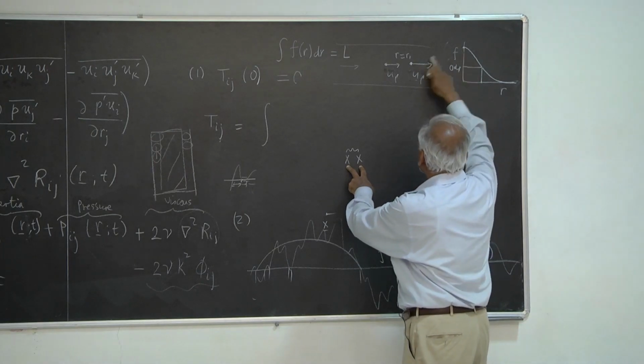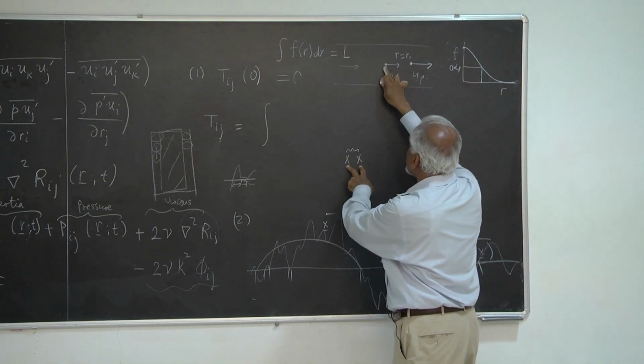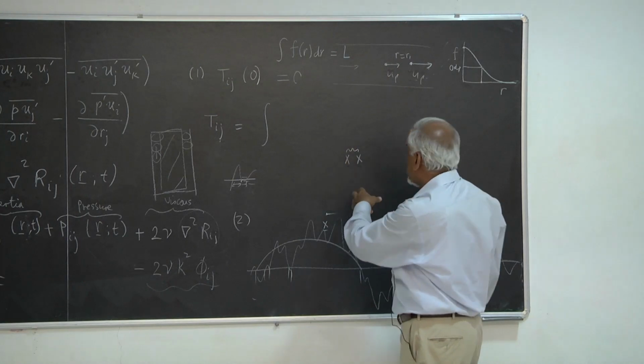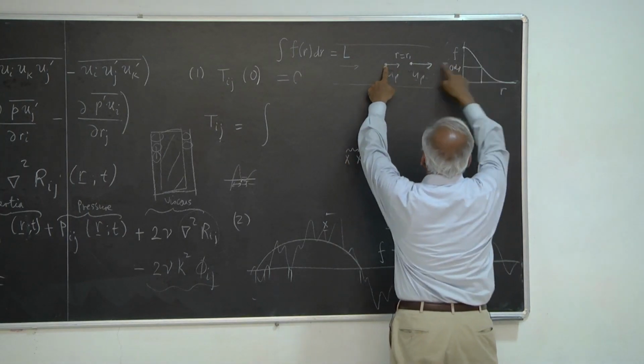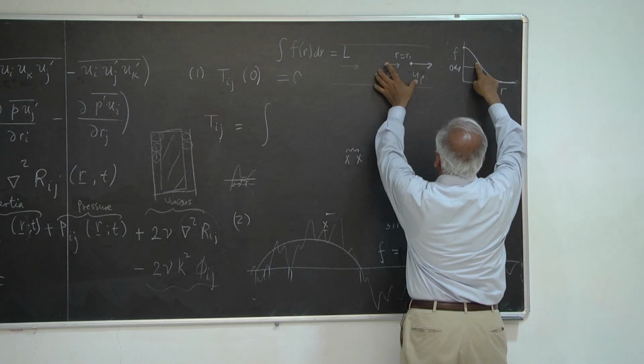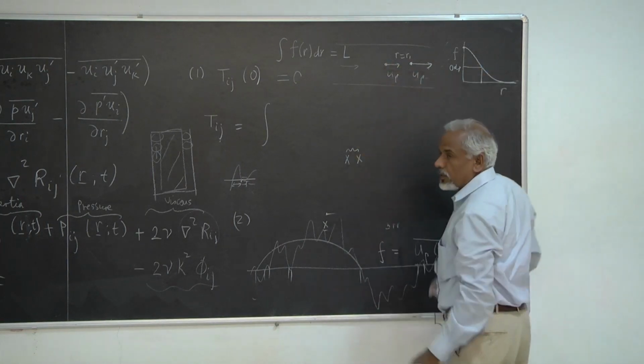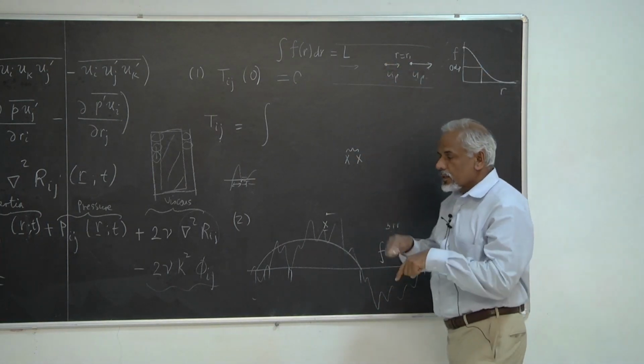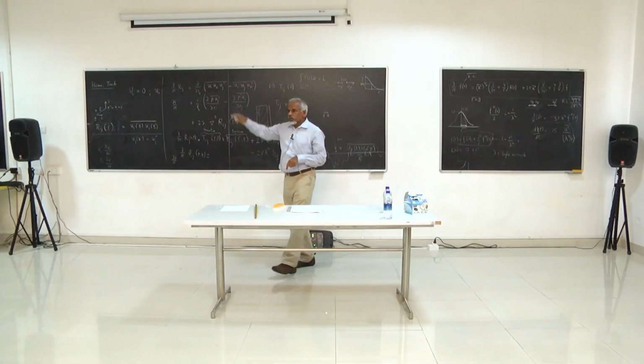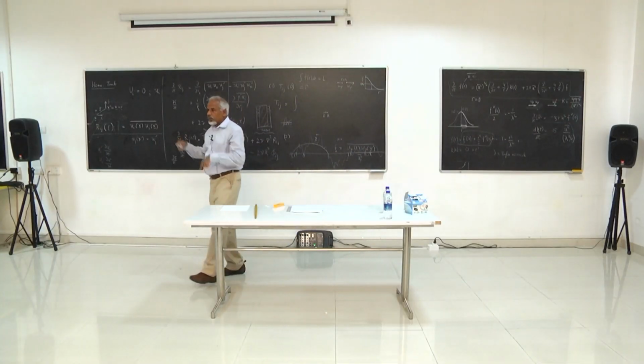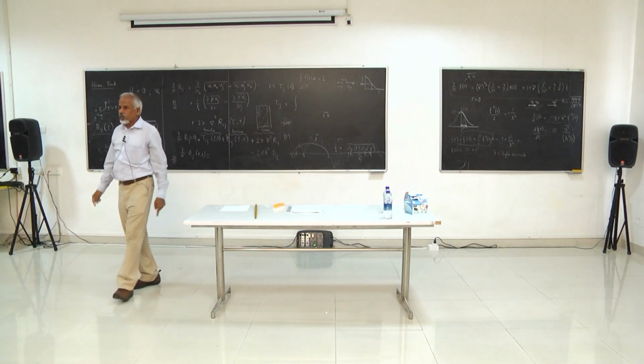It is 1 when r is 0 because the two of them are the same, therefore most correlated. And if you take it further and further away, the correlation will die down because things happening here are not related to what's happening in Bangalore, I mean very far away.